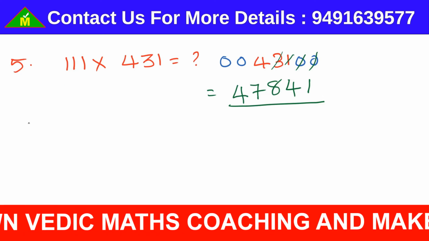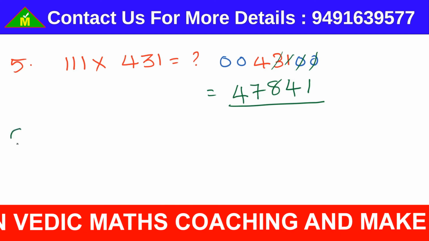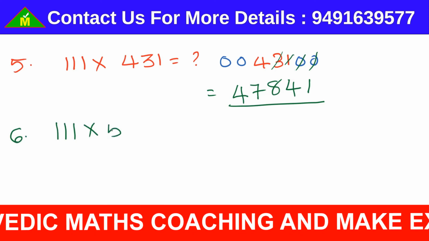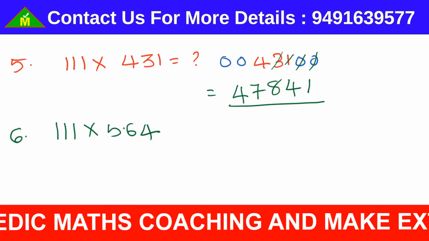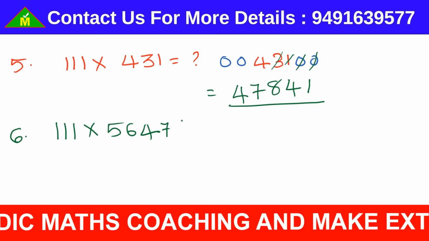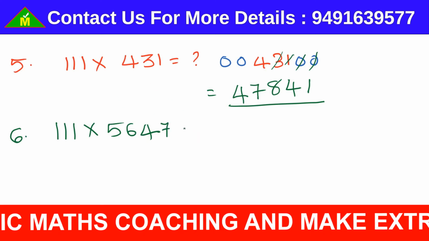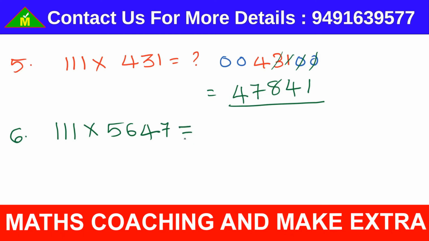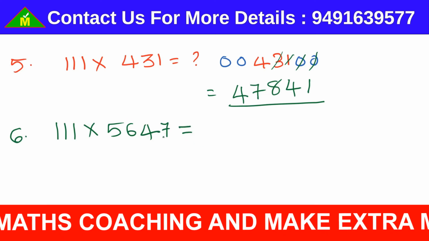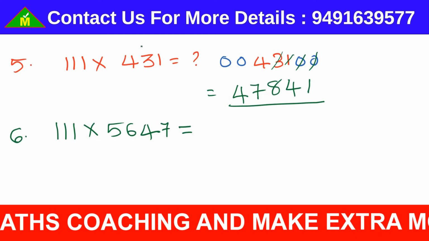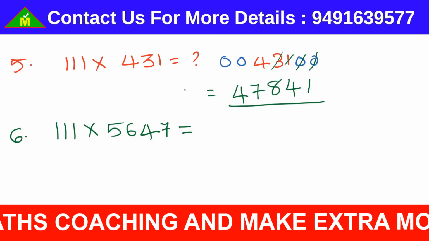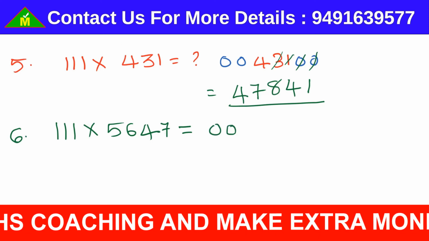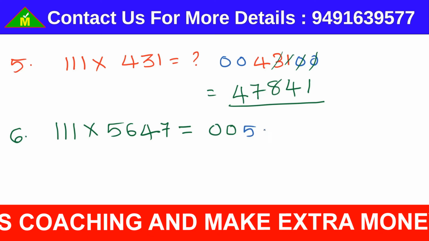So now the last one, 111 into 5 6 4 7. So friends, what we will do? See, the sum of the 2 digits or 3 digits is more than 10. So in this case, just as usual, add 2 zeros before and after the number which we want to multiply.